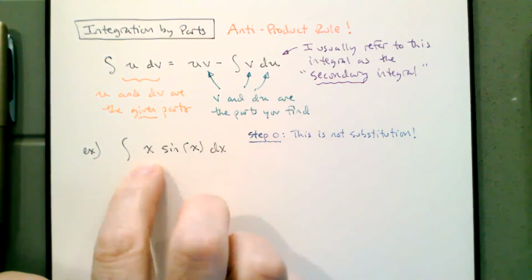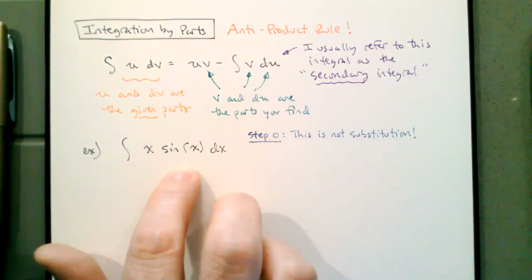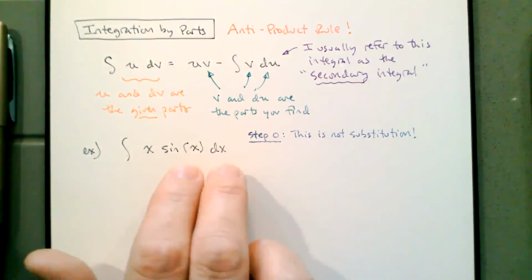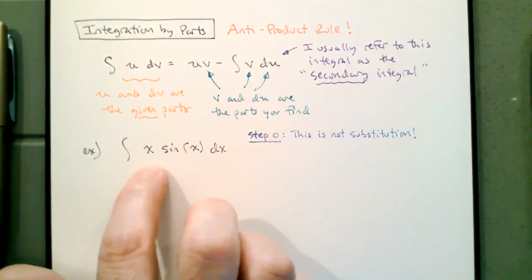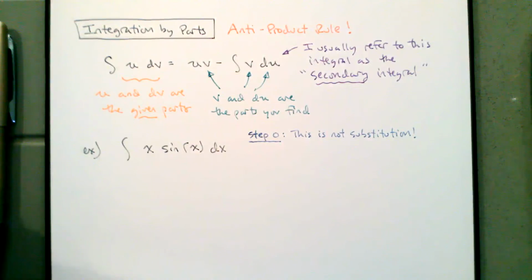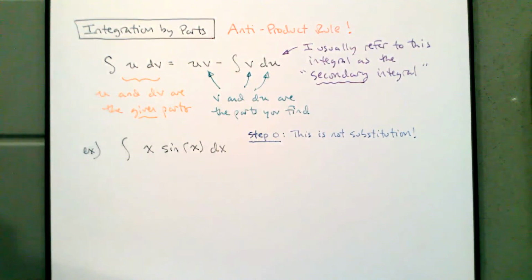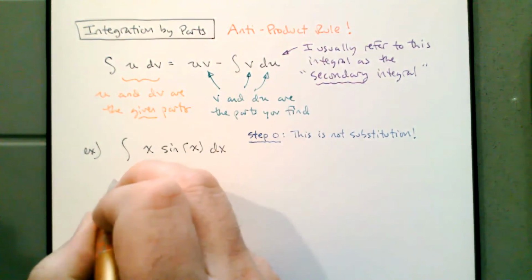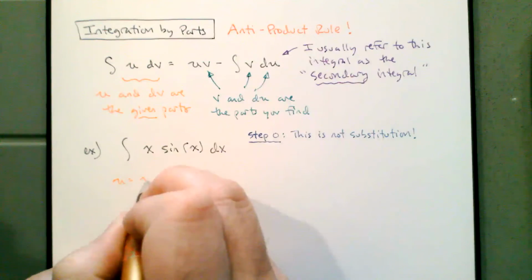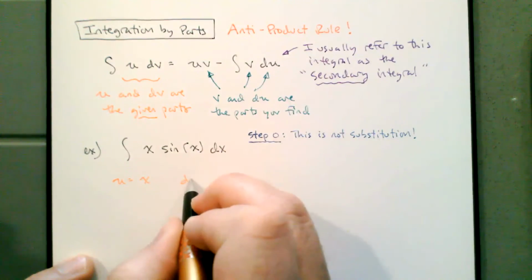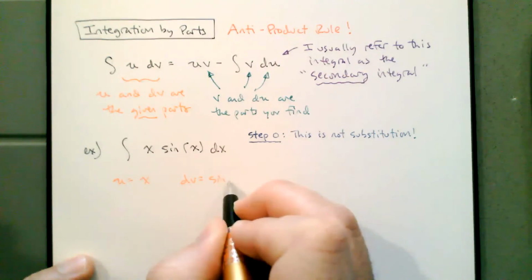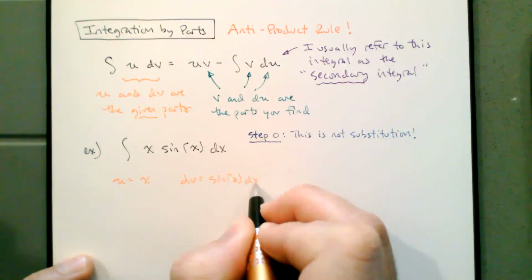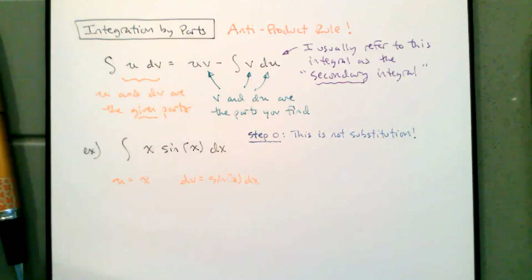The two parts are x and sine x. So I'm going to call one of the parts u and the other part dv. So let's say u is equal to x and dv is sine x dx. The dx should always be along with the dv part. Eventually, we're just going to forget the dx is there and make sure it shows up in the right places.